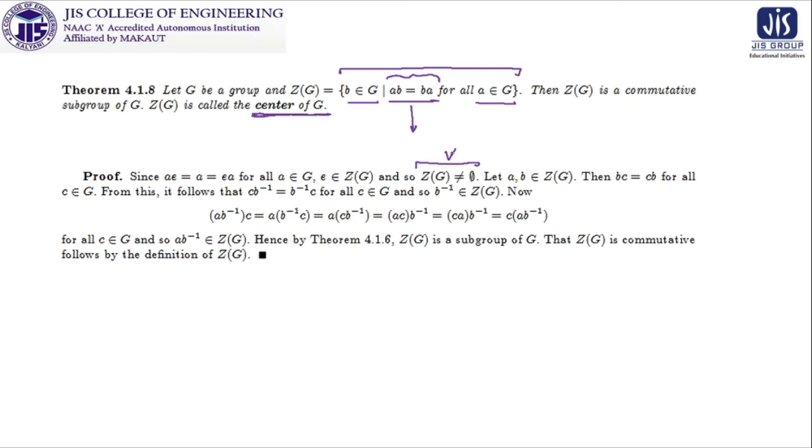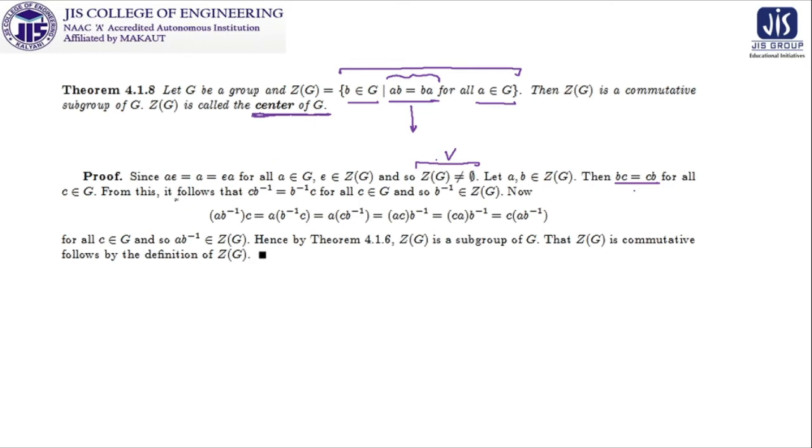This is our first target, because to make it a group we have to show that it is non-empty. Now BC is equal to CB, because B is in Z(G), and BC is equal to CB for all C in G, because if it is in Z(G), it follows this particular condition.